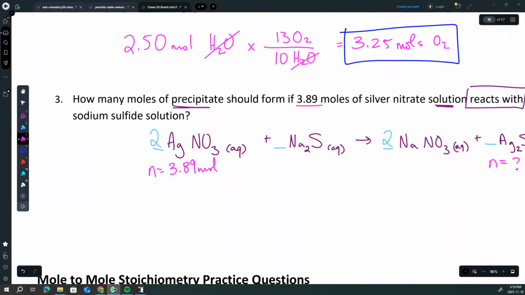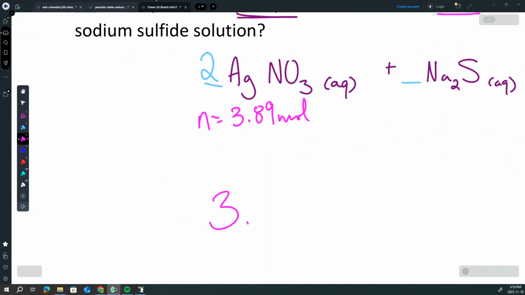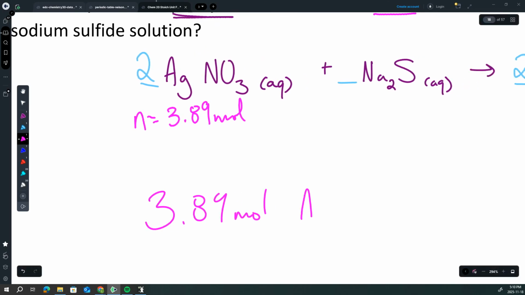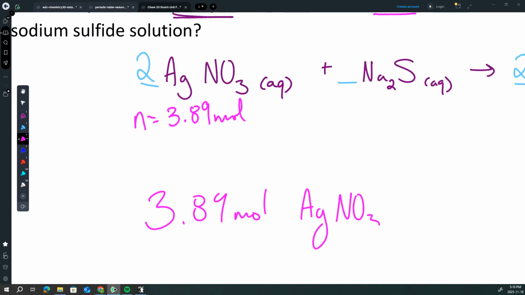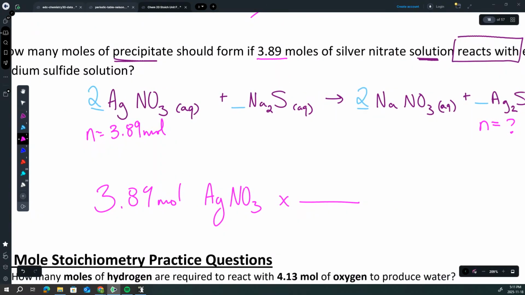All right, so now that we got our information organized, let's start this calculation. So 3.89 moles of silver nitrate. Now we got to do our molar ratio, because remember the steps went, step 1, balanced chemical equation. We finished that. Step 2, find your moles of your given substance. That was given to us in the question.